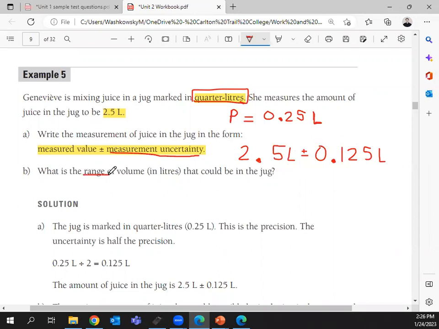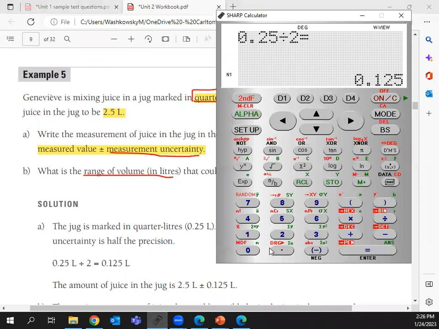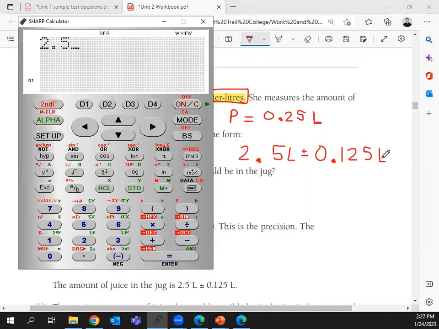So if we're trying to figure out the range of volume in these liters, what that means is, if I take this 2.5 liters, and I take away now, so now I'm going to go from the smallest to the biggest. I'm going to figure out what's the minimum amount that could be in that jug. So I already know I have a margin of error, which is 0.125 liters.